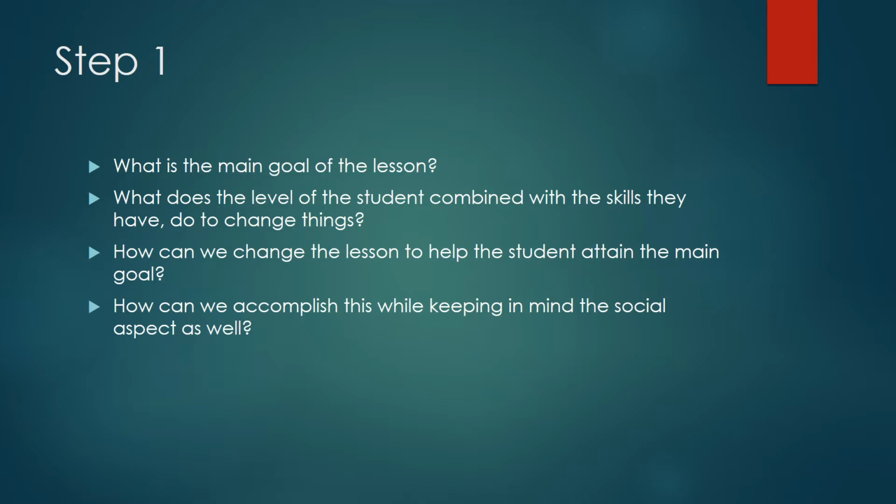The next thing you need to understand is the level of the student or students combined with what skills they have. What do those 2 things change about the main goal of the lesson? After you understand the student and the overall main goal of the lesson, how can we change the lesson to help that student attain that exact main goal, depending on their skills and learning level?